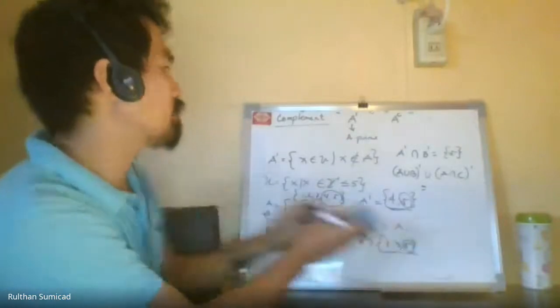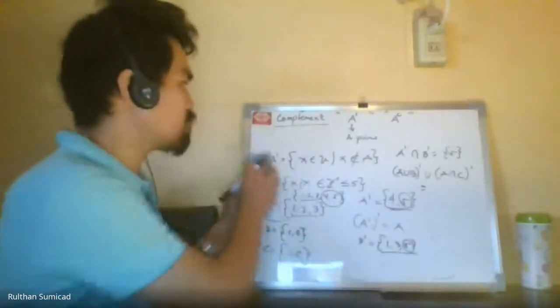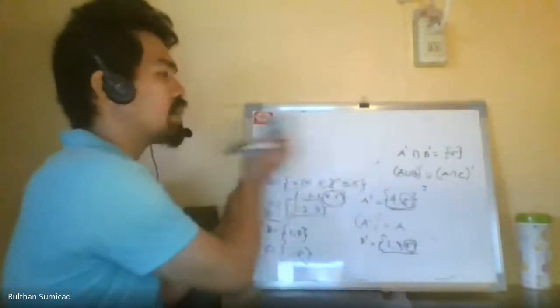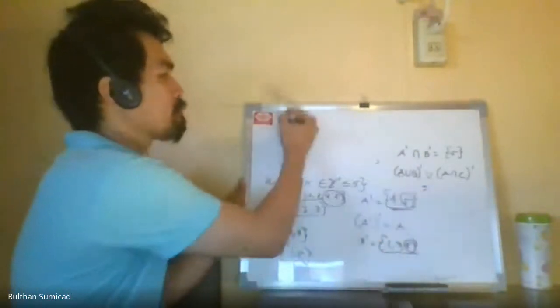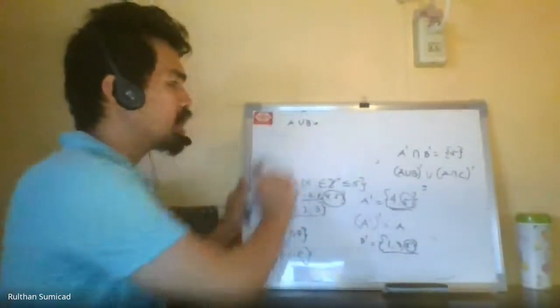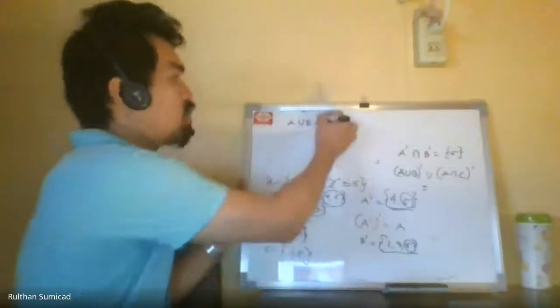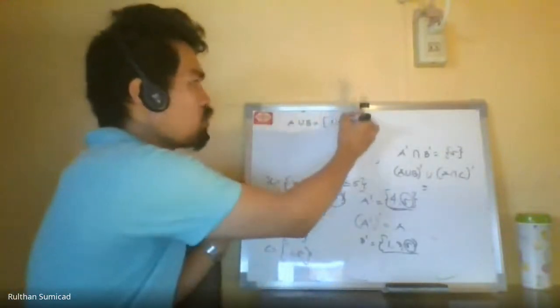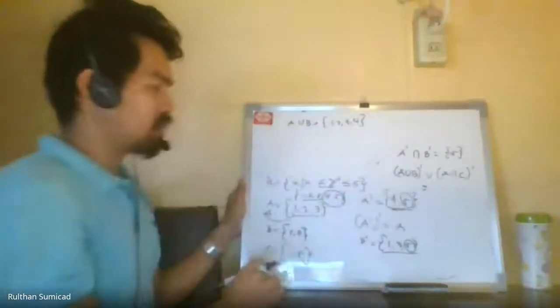Maybe we can start, I can erase this one earlier. First, let's look at this one. To find the answer for this, you have to get first A union B. Here A union B is 1, 2, 3, and 4, correct?